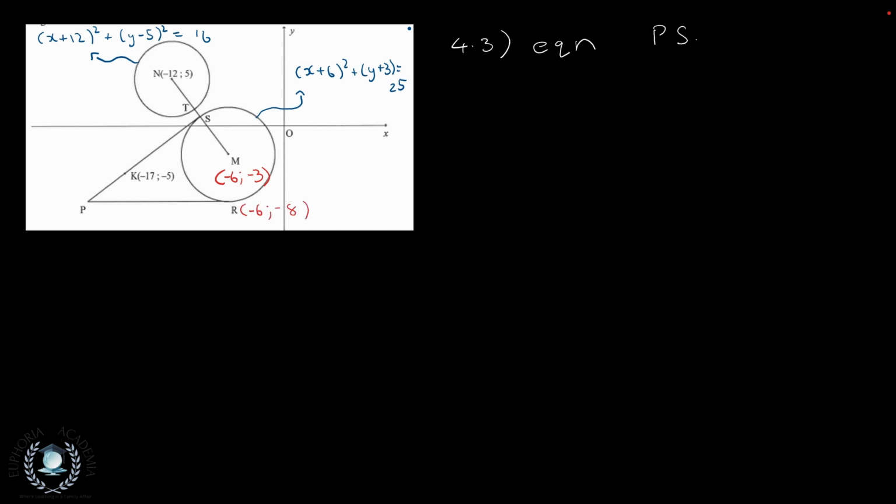Alright, for question 4.3.2, we're asked to find the equation of PS, which is also still a tangent. We can see that PS runs from point P all the way up until S, and it touches the big circle, but it also intersects this line NM.